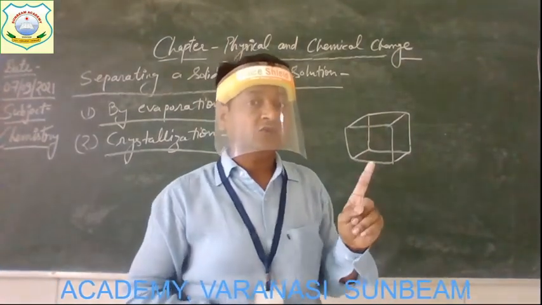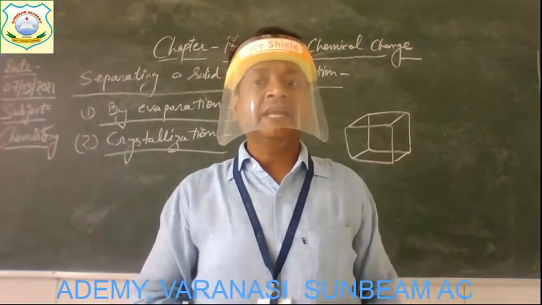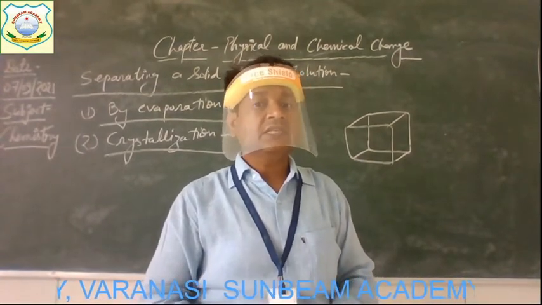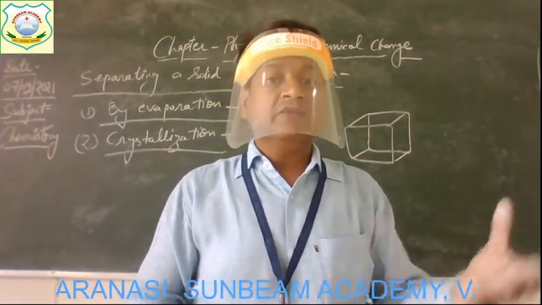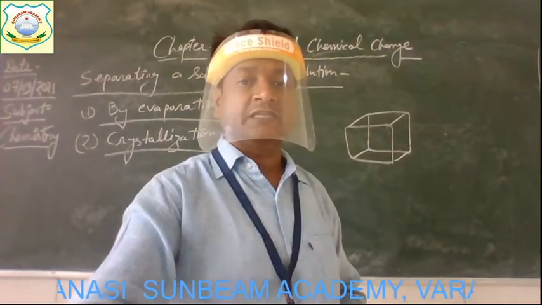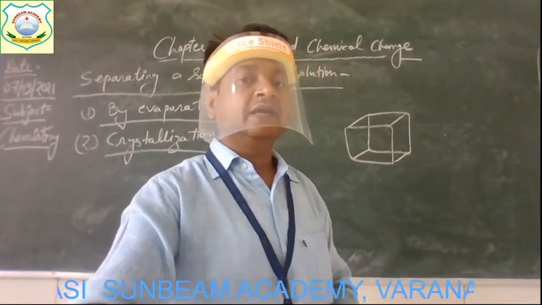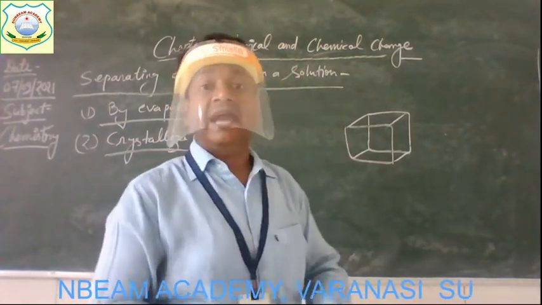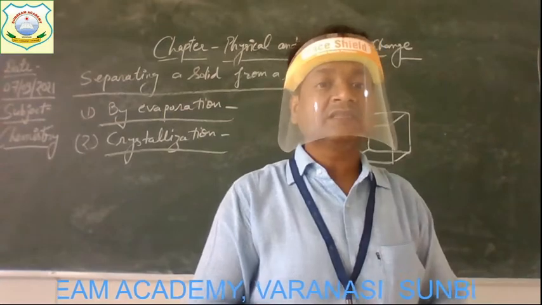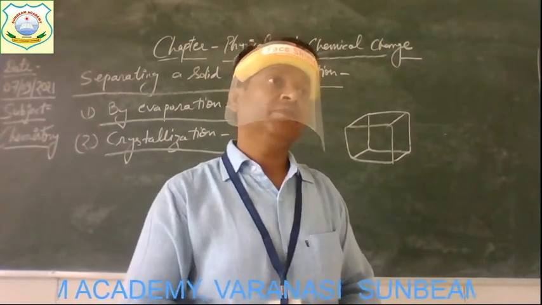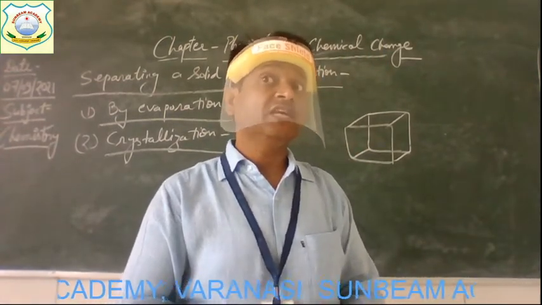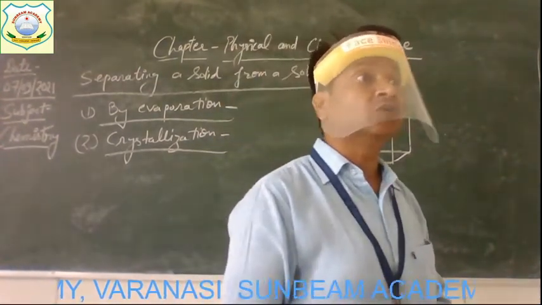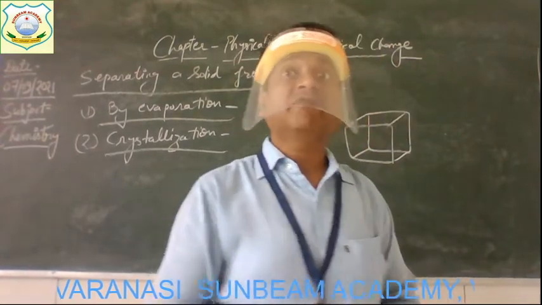Okay, understood everyone? Now you can also obtain these crystals of common substances such as salt or alum from a solution of these substances in water by a process of crystallization. And the crystals of different substances have different shapes. The crystals of salt are different from the crystals of sugar and the crystals of alum.